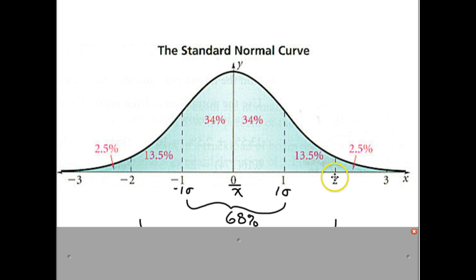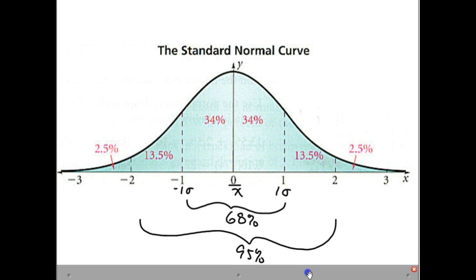If I go out to two standard deviations above and below the mean, if I add up 13.5, 34, 34, and 13.5, I get 95% of the students. So that means within two standard deviations, 95% of the data are likely to fall. It's very rare to be beyond two standard deviations. It's extraordinarily rare to be beyond three standard deviations.